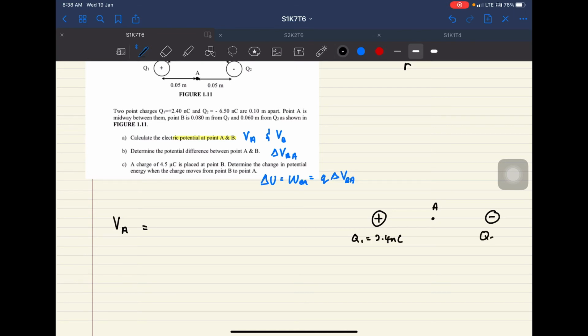Q2 is equal to negative 6.5, so I just write the negative as well. The distance is 0.05. So that one would be your R.